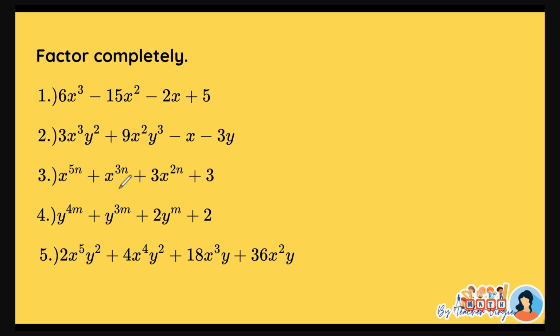Since these terms can be grouped and they also have the same 3, probably the GCF here is 3, and here they have a sum of 5n and 3n, so we can take out 3n here.